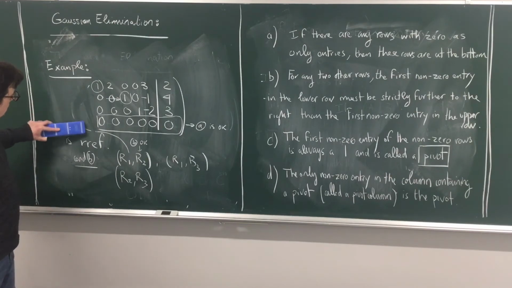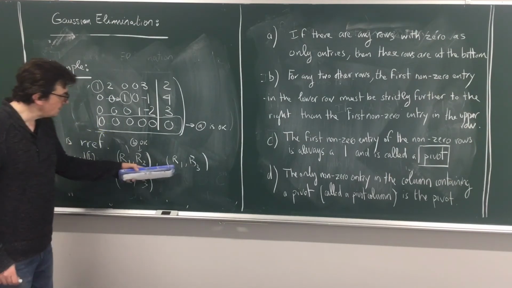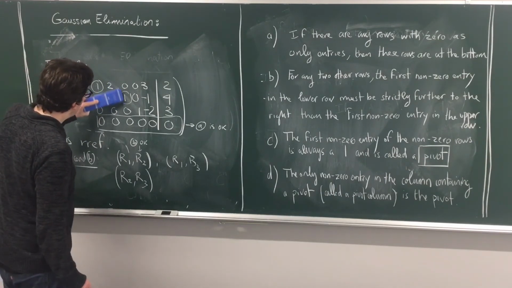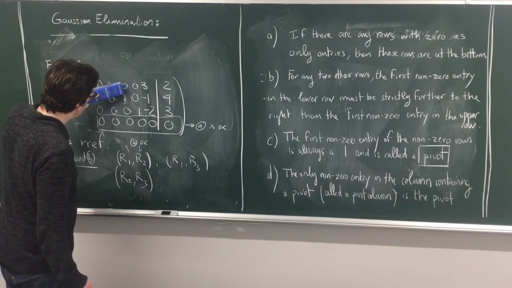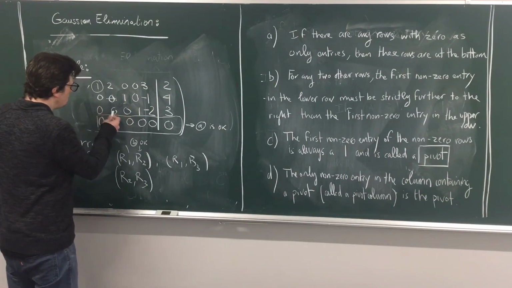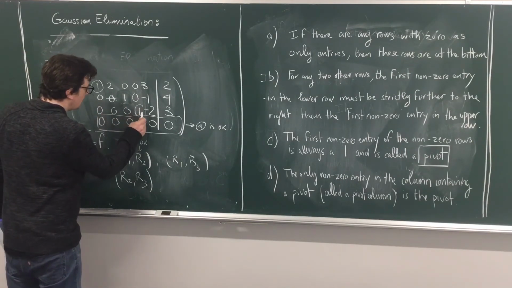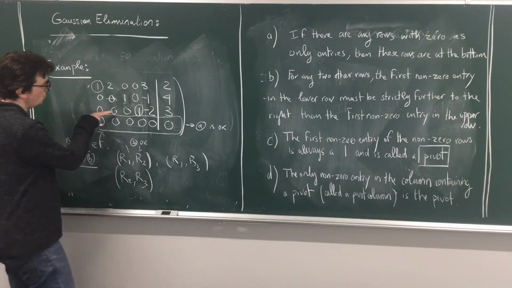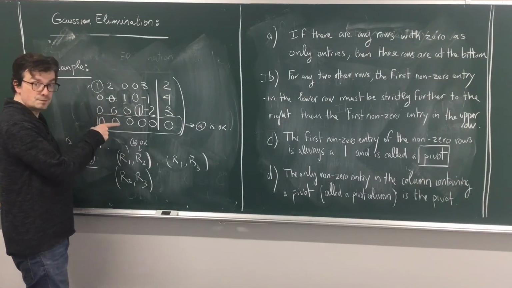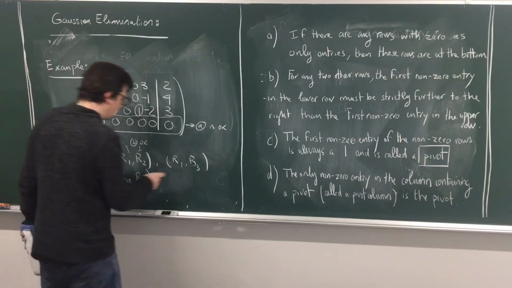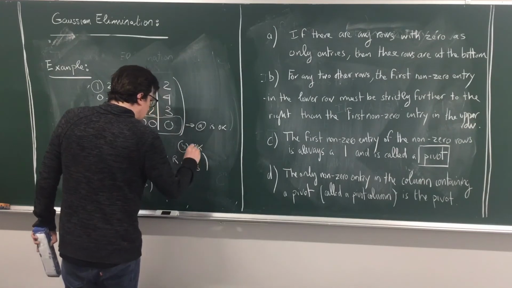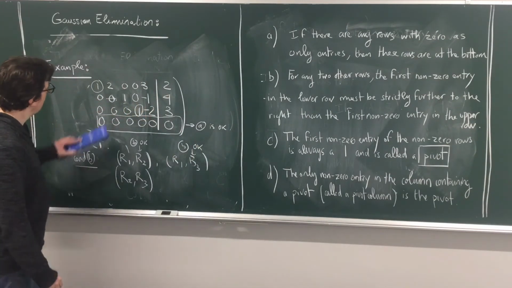Now I need to check it for all. Now I want to check it for R1, R3. So I don't consider this anymore. This time I consider row 3. The first non-zero coefficient is here. Is it further to the right than this coefficient? You can see that it is. So B is also okay for this one.